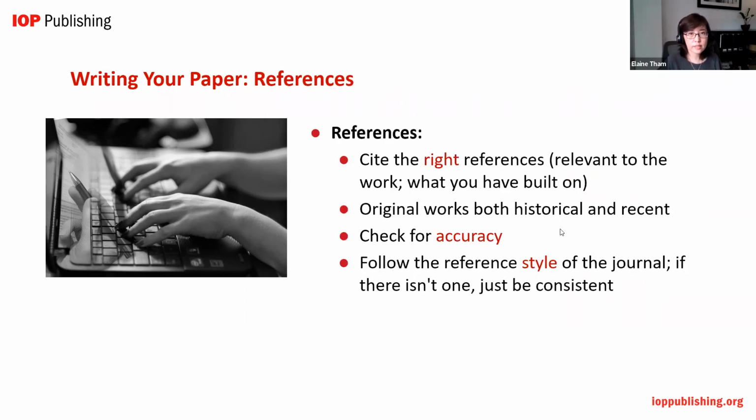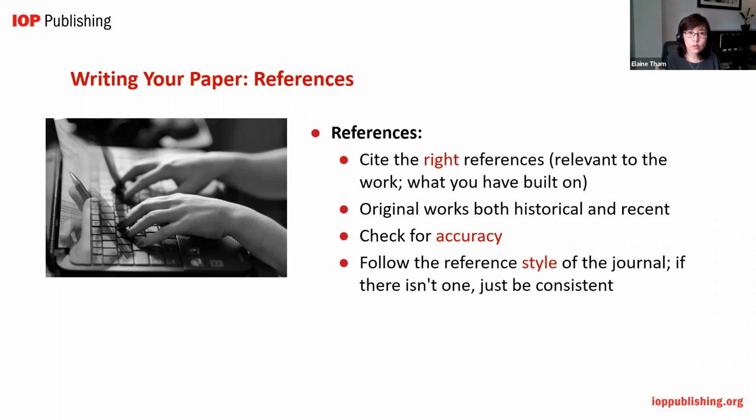And last but not least, your reference list. Make sure you include the right references, and this means any references that are relevant to your work and what your research builds on. This should include original works that are historical as well as recent. Check the reference list for accuracy so that you can ensure that anyone who wants to look at one of your citations is able to do so based on the information that you've provided.